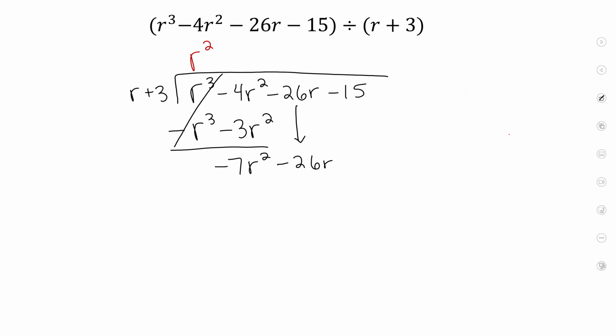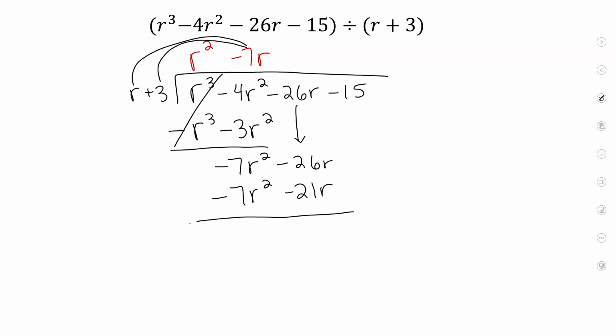Ask yourself, R times what will give you -7R squared? Exactly. So that's what you write at the top, -7R. Okay, now we just multiply. R times -7R is -7R squared. 3 times -7 is -21R.